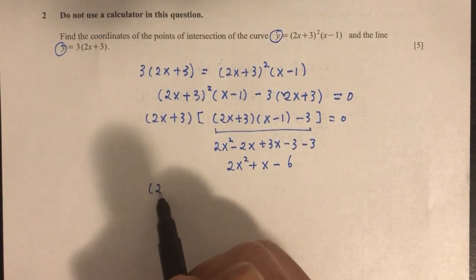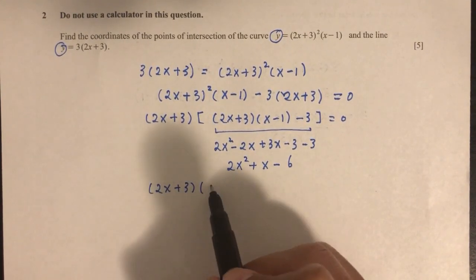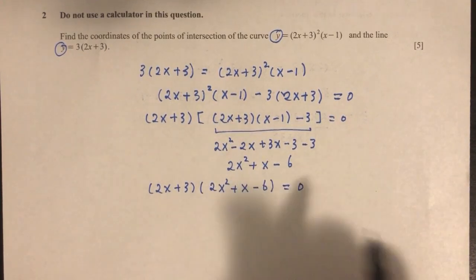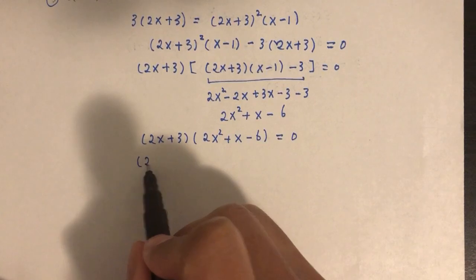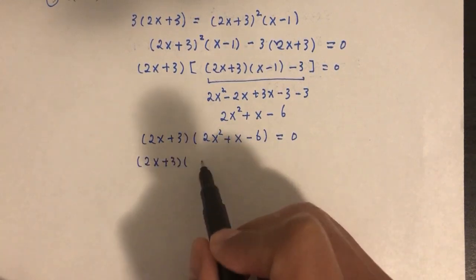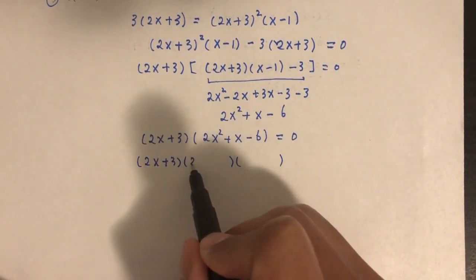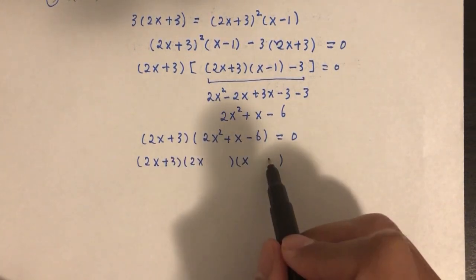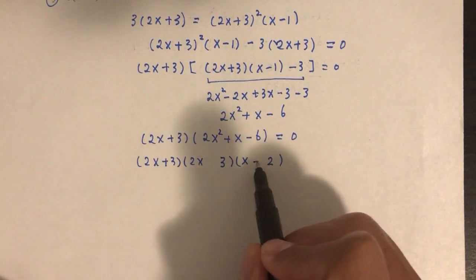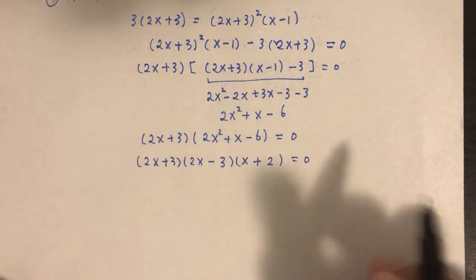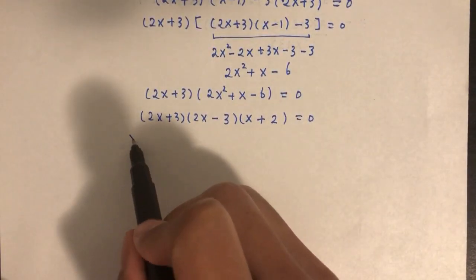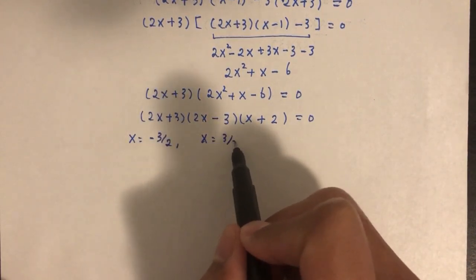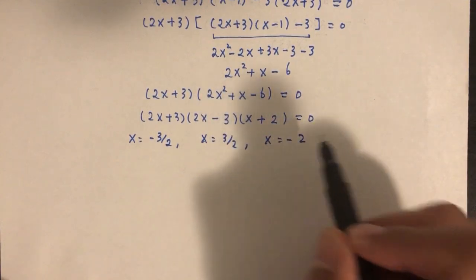So here we have (2x plus 3) times (2x squared plus x minus 6) equal to 0. So factorize. This one will be 2x times x. 6 is 2 times 3, so we have 2 here and 3 here. For it to become plus 1, plus and minus. So values of x will be minus 3 over 2, 3 over 2, and x equal to minus 2.